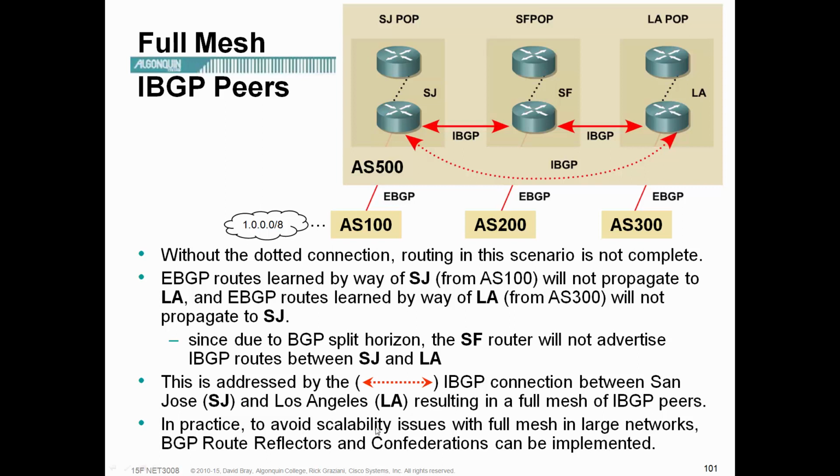Therefore, in practice, to avoid the scalability issues with full mesh connections, in large networks BGP route reflectors and confederations will be implemented instead. That is outside the scope of this course, but I mention it to ensure you understand that as the size of the network scales, there are other methods that will help you out. You can look that up and research that as need be.